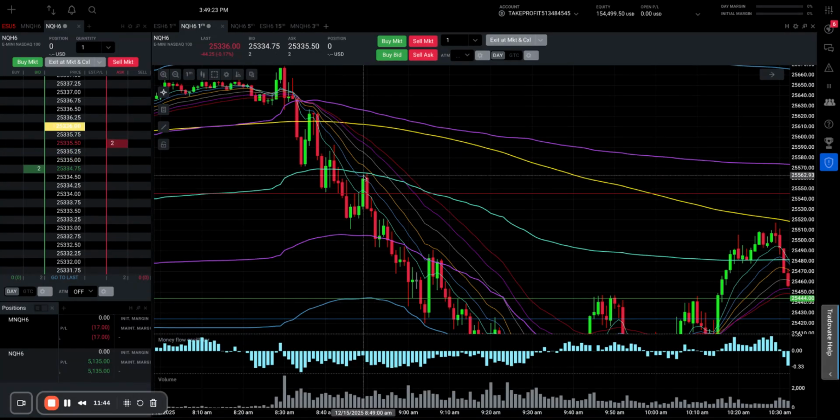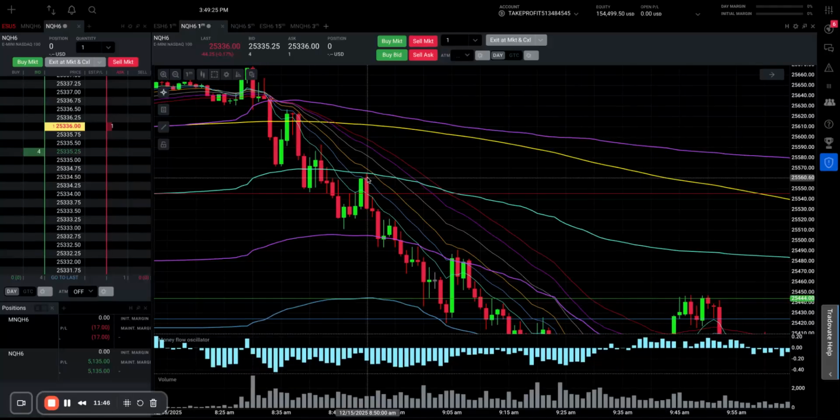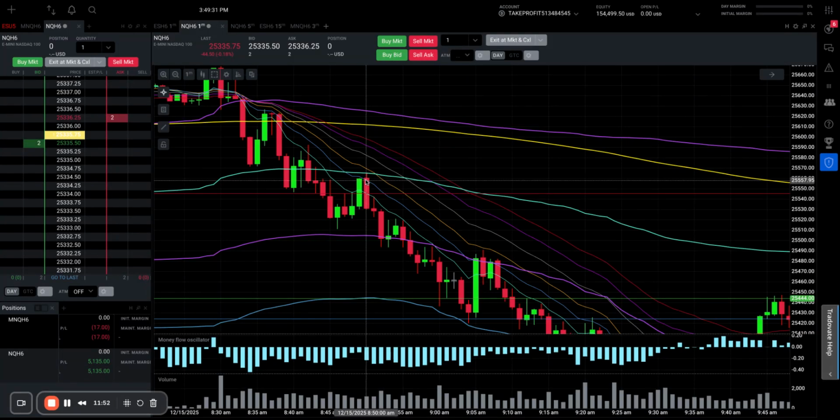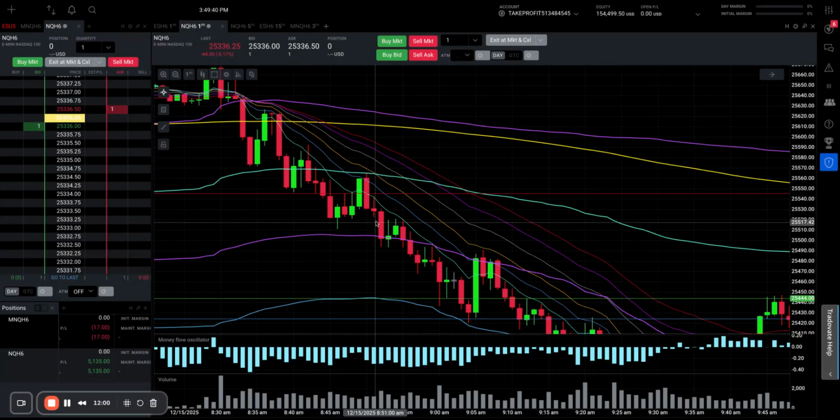This gave you another perfect opportunity right here. What was this? 20 minutes into trading. Now, when you see this wick just doesn't even slice through the middle VWAP at all, this for sure is telling you we're coming down.